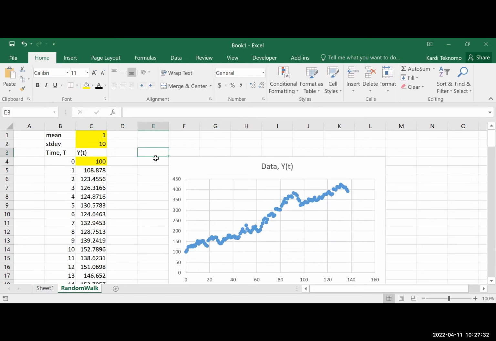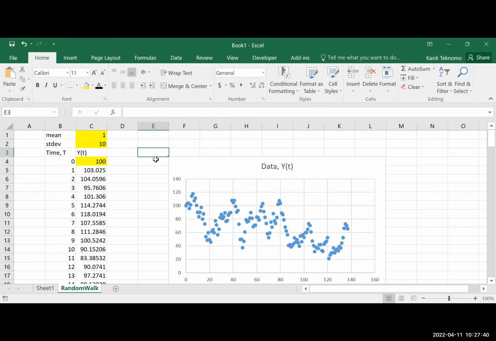So can you get the pattern out of this random walk? So that's your practice. So if you have this kind of data, what is the pattern? So anyone who can make it and show the screen first, you can claim your recitation point.